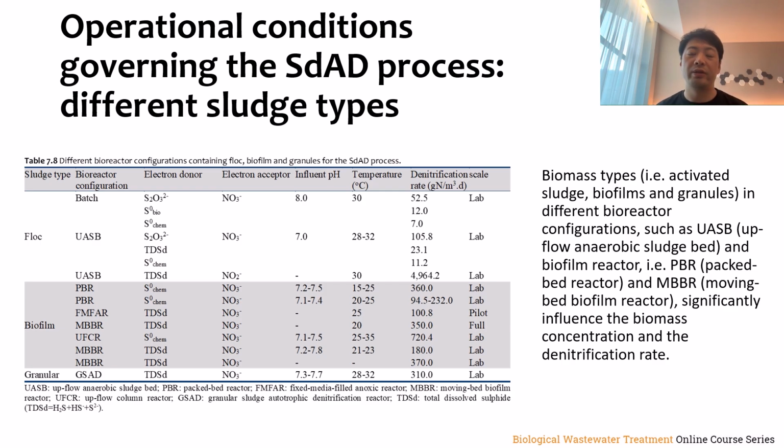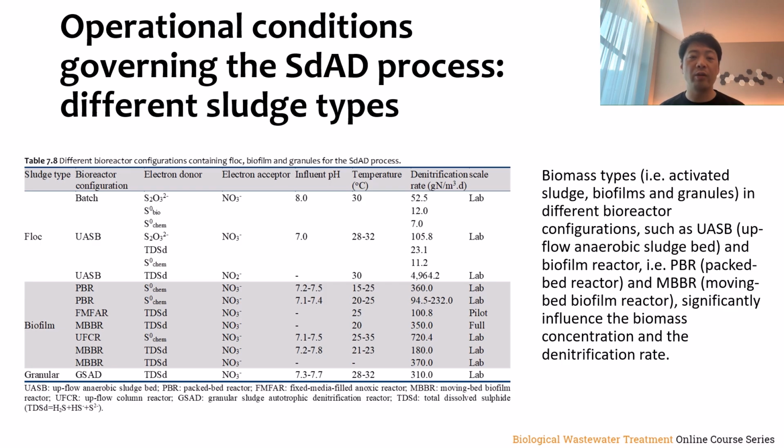Another method to improve the performance of sulfur denitrification is to granulate the SOB, which can facilitate both high biomass concentration and robustness for efficient and stable autotrophic denitrification.